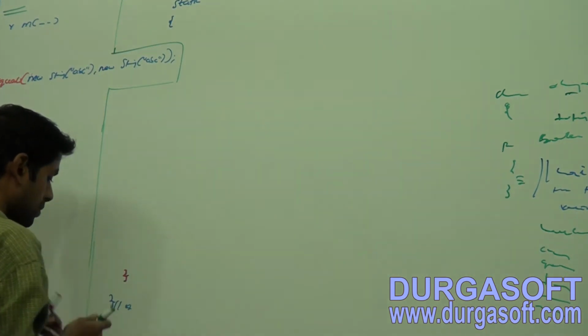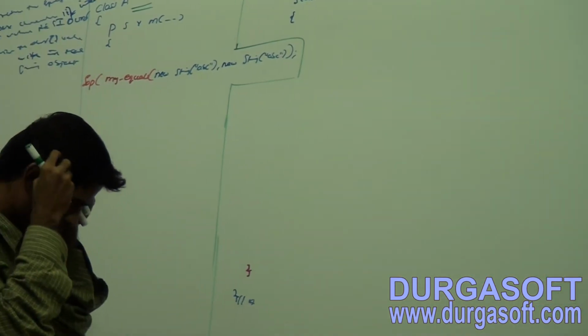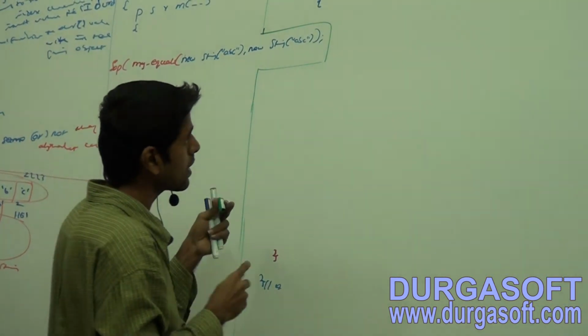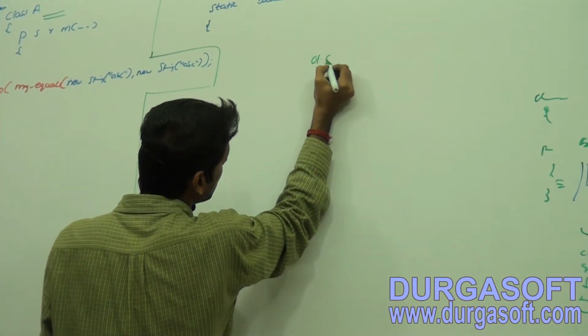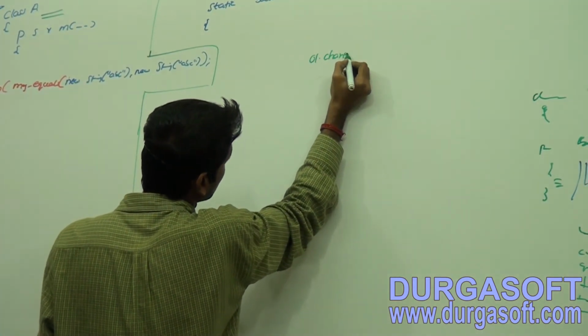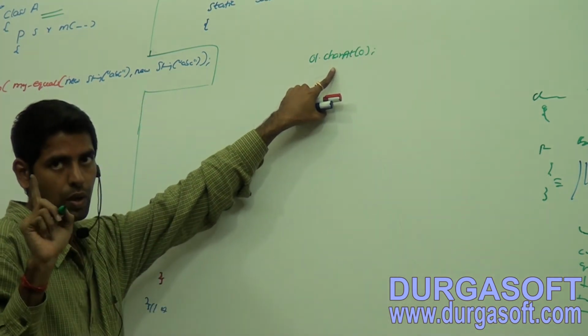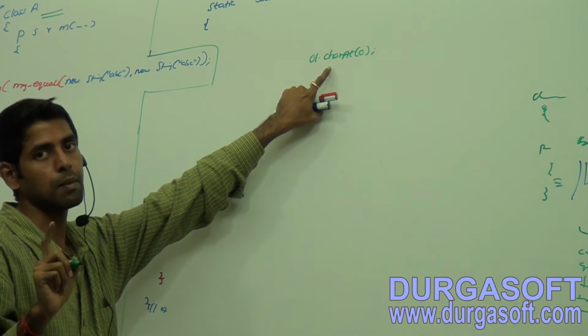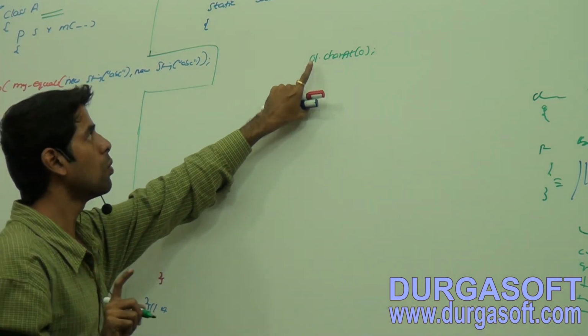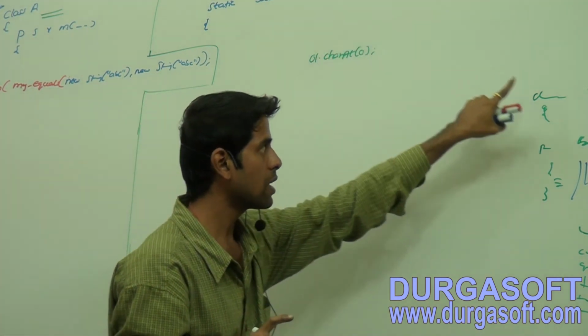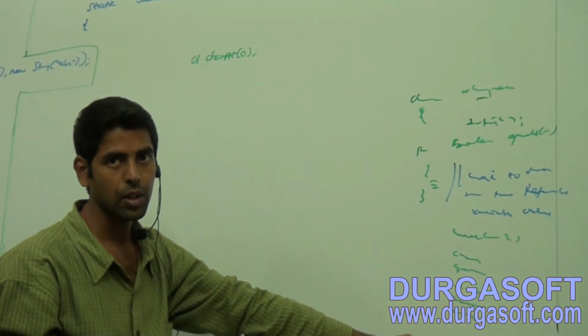Now observe here. Can I put o1.charAt(0) here? No, I cannot put it. If I put it, I'll get a compile time error, because the o1 type is Object. Within the object class, do you have a charAt method?